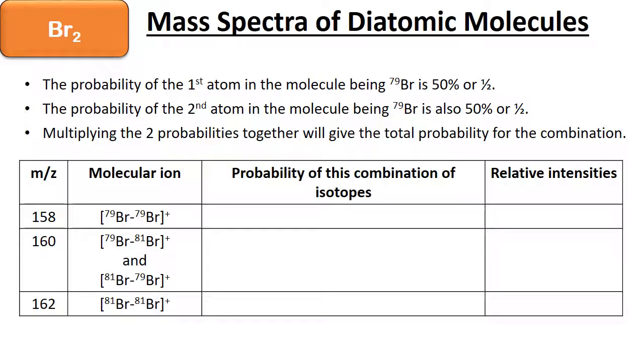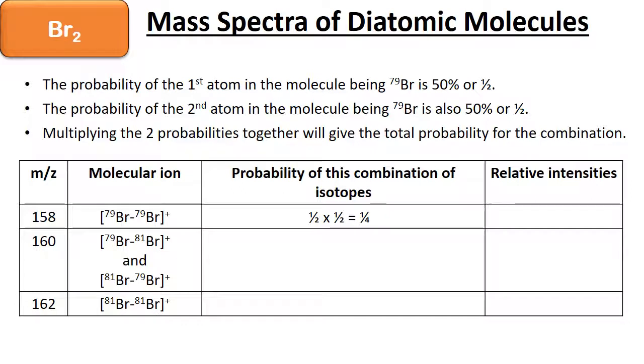So the table here then shows us the mass to charge and the molecular ion. We've just got to calculate the probability of that combination. So for mass to charge 158, that's the combination of two lots of bromine 79. We have 1/2 times 1/2 giving us a quarter. Now for mass to charge 160, we have got two possible combinations. The first possibility is a bromine 79 as the first atom and a bromine 81 as the second atom.